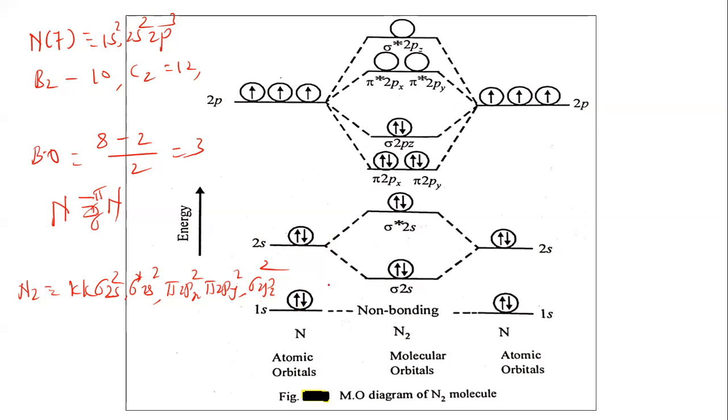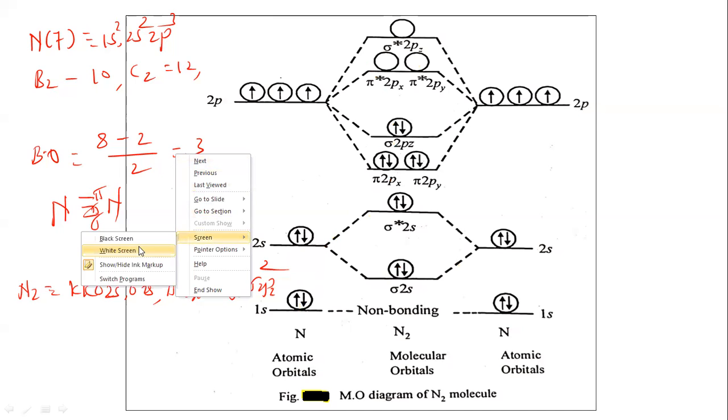So in this way we explain these three molecules. Let us take another screen here. So, boron molecule. Let us write total electrons, 10. Then bond order is 1.